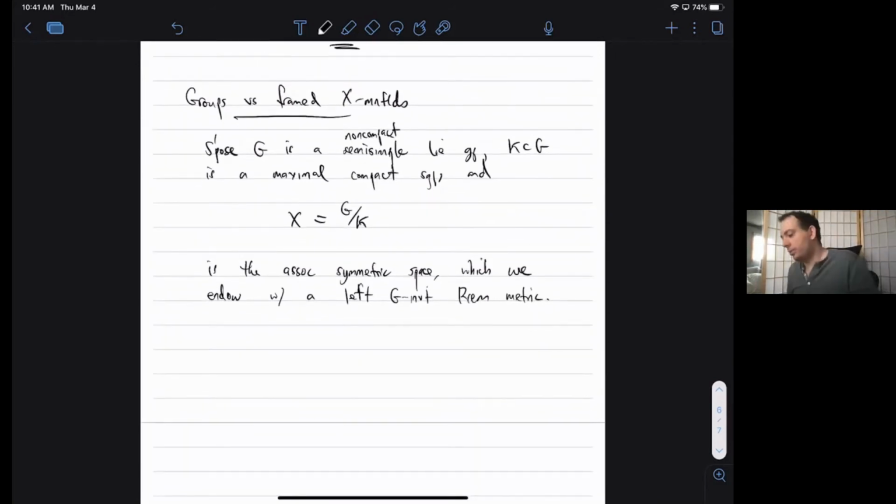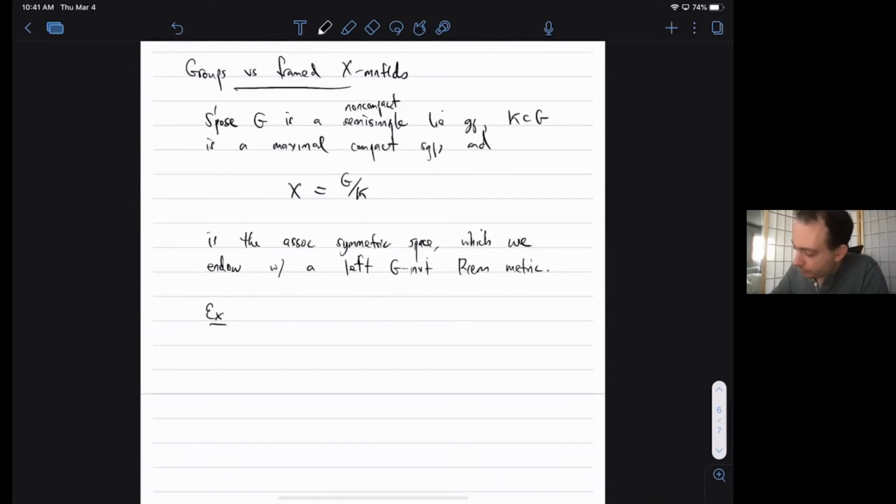If you don't know much about symmetric spaces, that's fine. You can just keep the following examples in mind. I could take G to be the isometry group of hyperbolic space. Then K in G is a copy of O(n), and X is hyperbolic space.